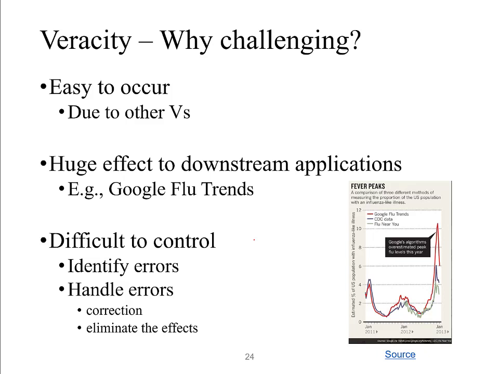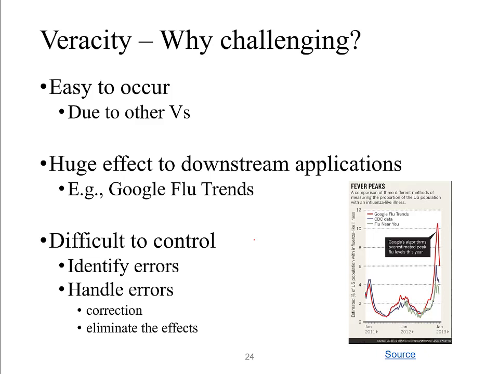So how to automatically and efficiently do it would be a problem. Also, some errors, as we introduced before, are hidden in the nature of the data, so they are not that easy to identify.